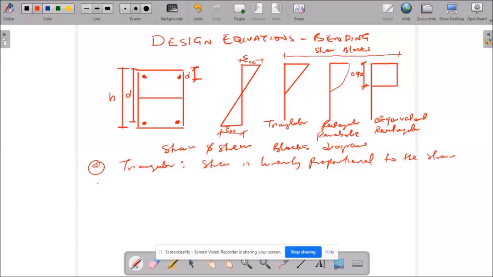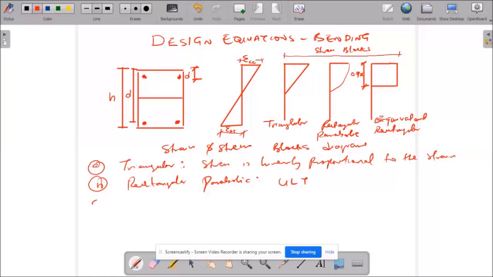Then for the second condition, we have rectangular parabolic. In this case, we consider that this represents the design at ultimate limit state, and it is the stress distribution at failure when the compressive strains are within the plastic range.